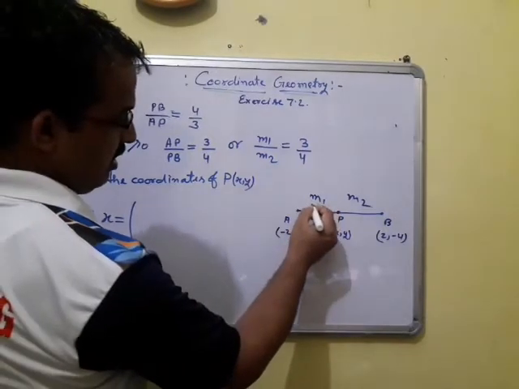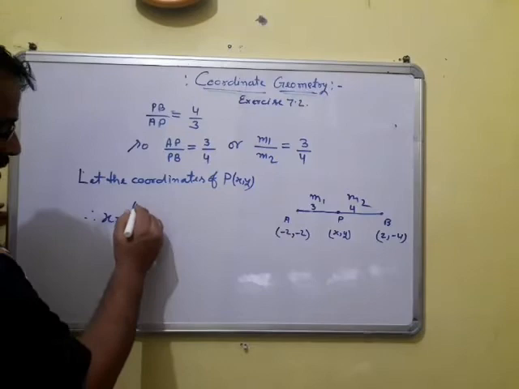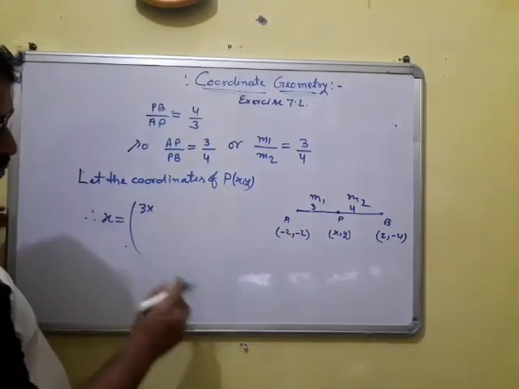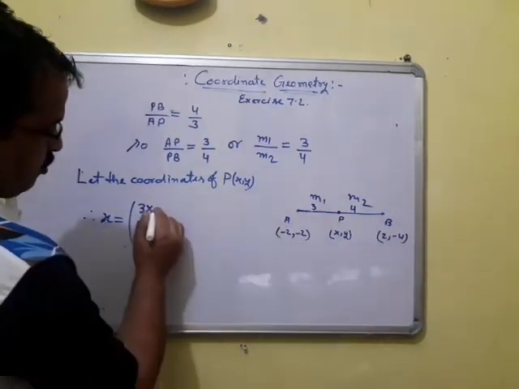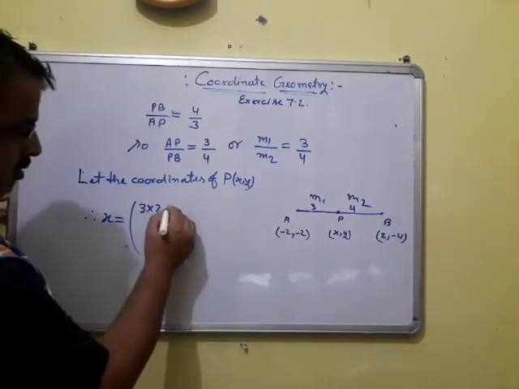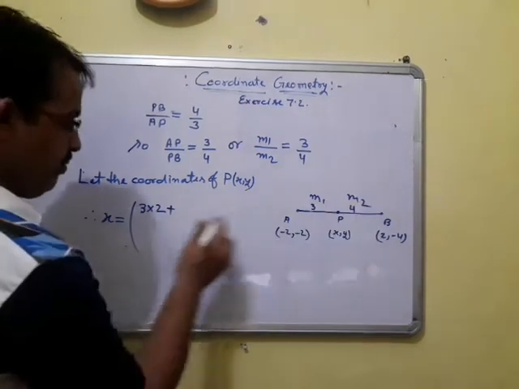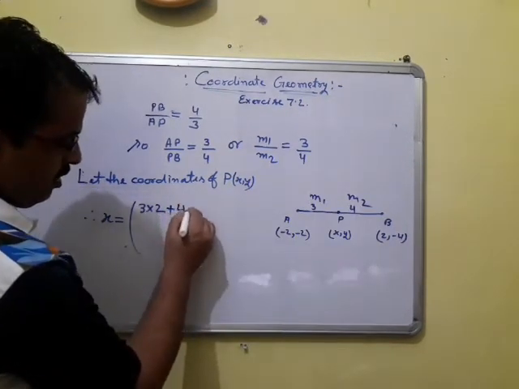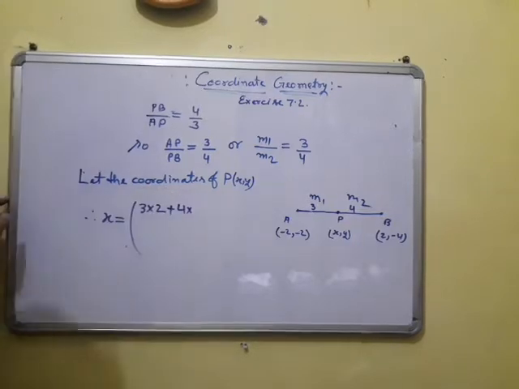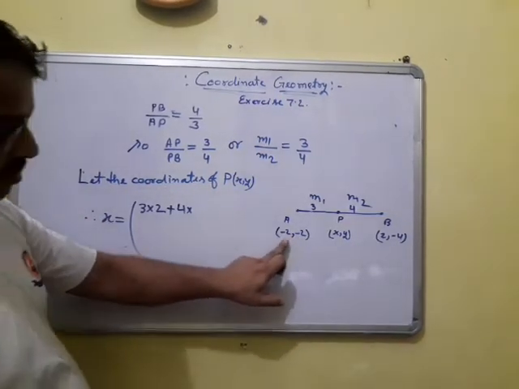M1 is given here as 3 and M2 as 4. So 3 into x2, this one is x2, plus M2, 4 into x1. x1 is given here as -2.